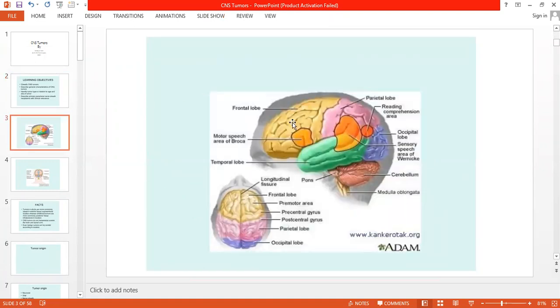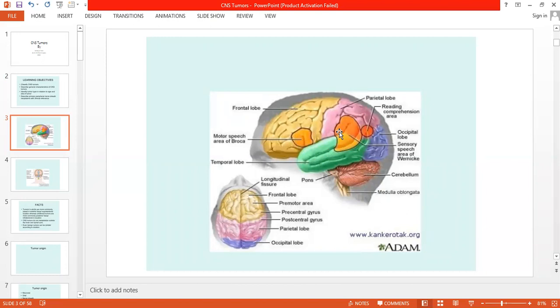This is the normal anatomy of the brain. We see the yellow part is the frontal, the purple is the parietal, this is the temporal, and blue is the occipital, here is the cerebellum, and then the brain stem. Some special areas are marked in circles, like this one is Broca's area or motor speech area.